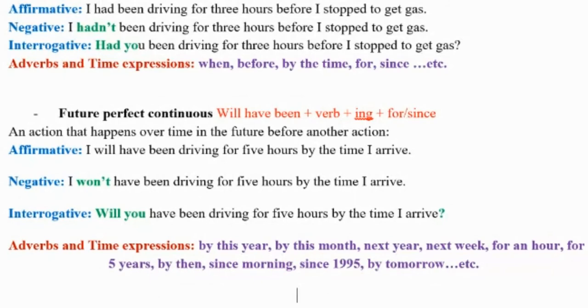Because it is about the future, the adverbs refer to the future: by this year, by this month, next week, for an hour, for 5 years, by then, since morning, since night, because with perfect we usually use since and for, by tomorrow.